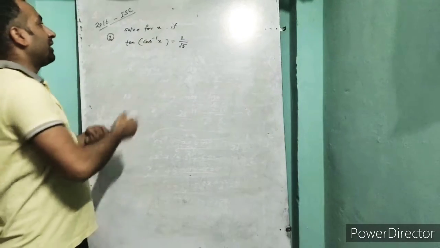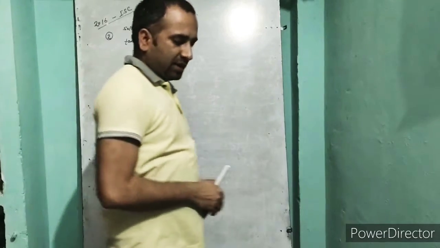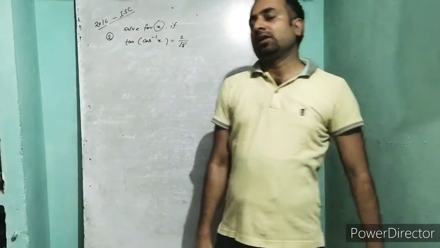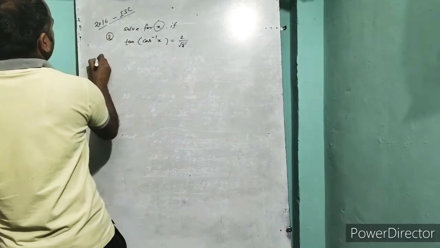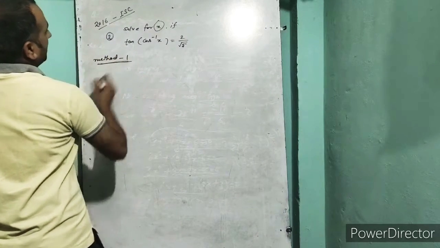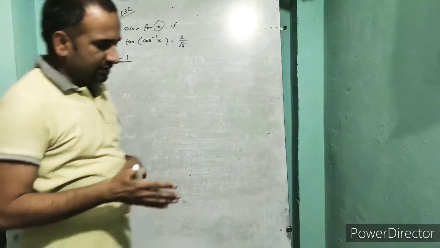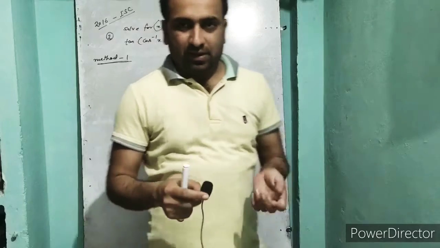Here we have to find only the value of x. So by method 1, the first method is where you will apply the properties.